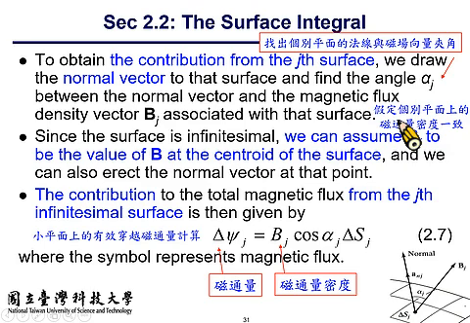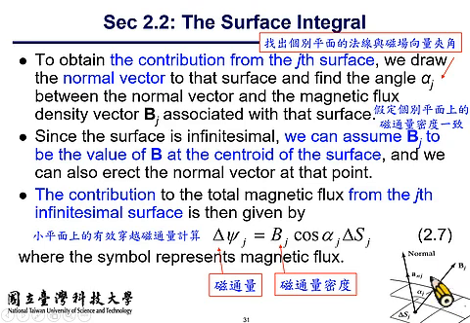So for the figure shown in the previous slide, we need to calculate the angle between the field and the normal direction of the surface individually, which is referred to as alpha j here. The subscript j stands for the index of the surface.